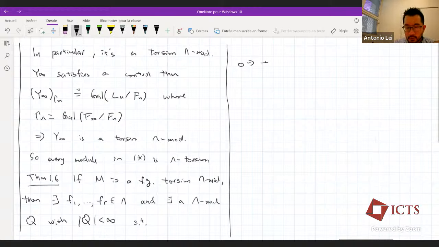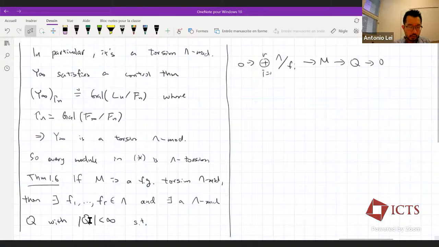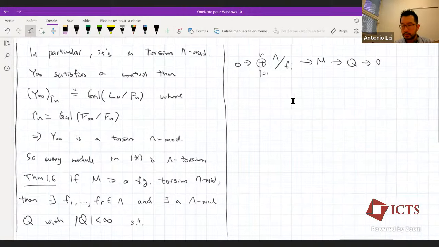So you would have a direct sum of quotient lambda modules given by these elements, and then you would have your original module in the middle, and then you have the module of finite cardinality at the end.